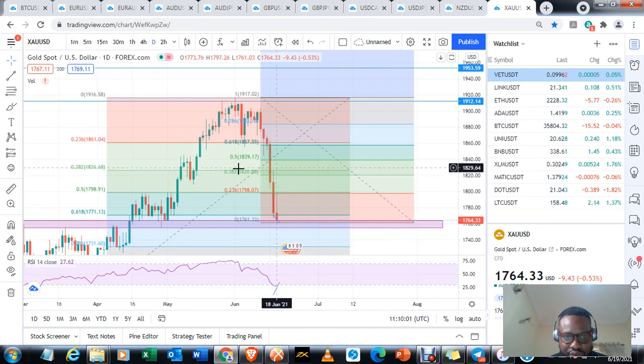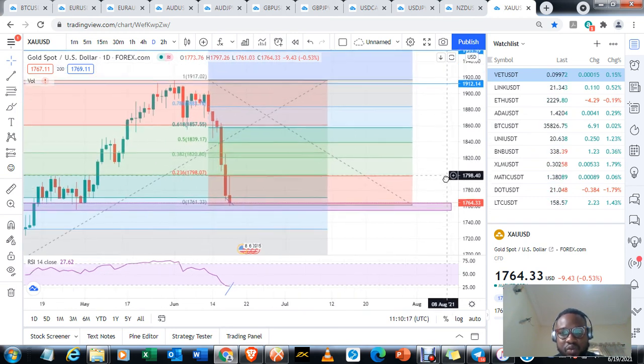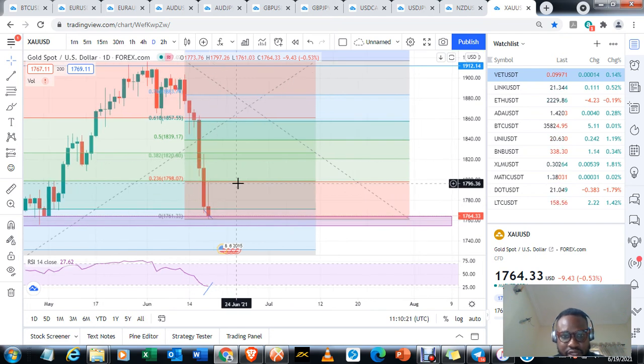So it forms a sort of confluence with the bigger retracement on this move up, which is here at the 38.2 fib level also. So that is another reason why I set my TP1 here, and my TP2 here.